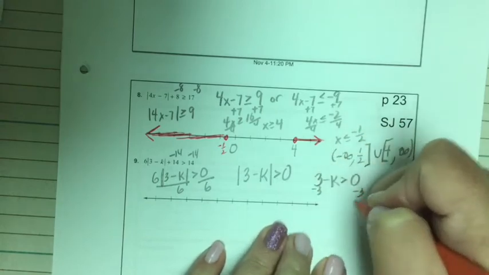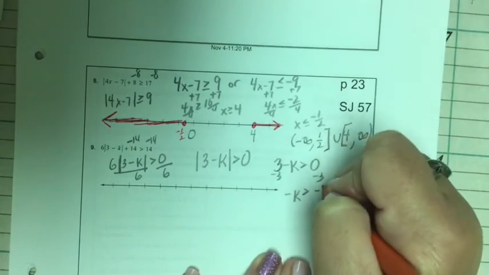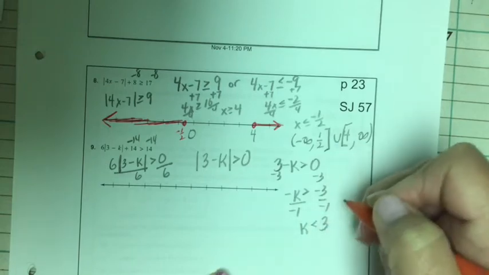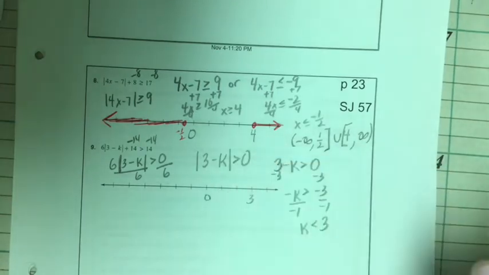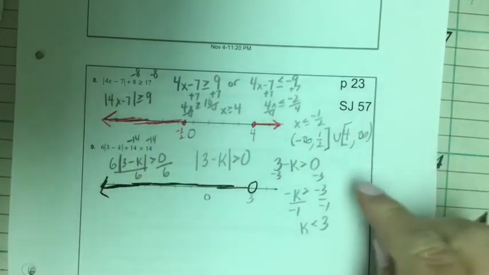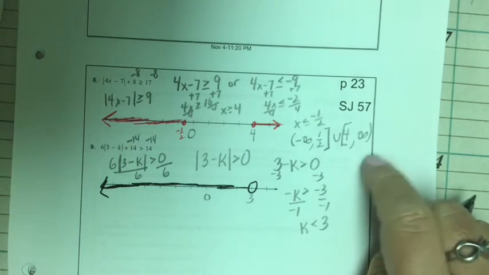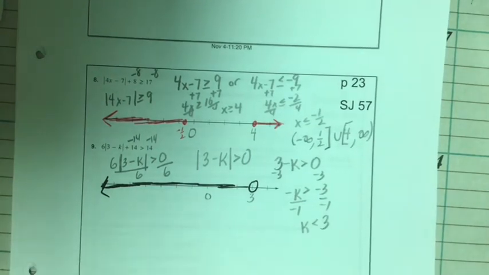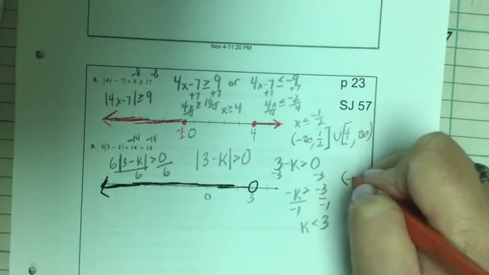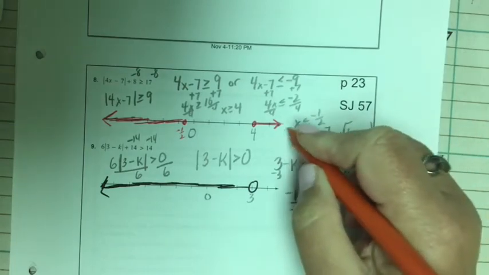Subtract 3, negative k greater than negative 3, divide by negative 1, k is less than positive 3. Cannot do the second one because I can't put or. 3 minus k is less than negative 0 because there's no such thing. We get this same answer. So my interval notation for number 9 is from negative infinity to positive 3 with the parenthesis.